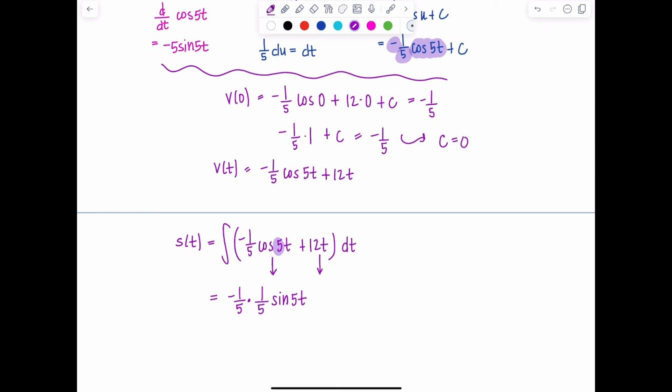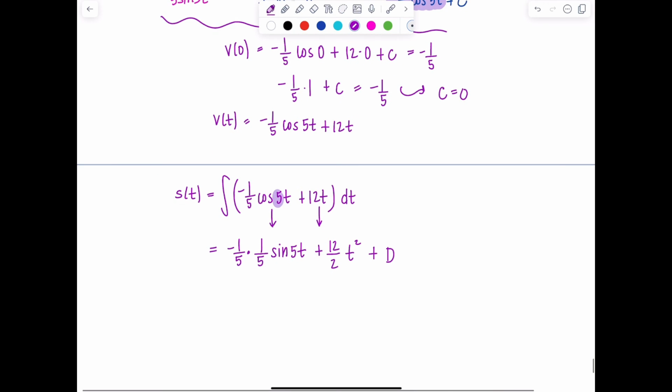Antiderivative of 12t, you're going to add 1 to the exponent, so it becomes t squared, and then you divide by 2. So 12 over 2 t squared plus, I'm not going to put c, I already used c, so let's say d. Clean it up a bit: s of t is negative 1 over 25 sine 5t plus 6t squared plus d.